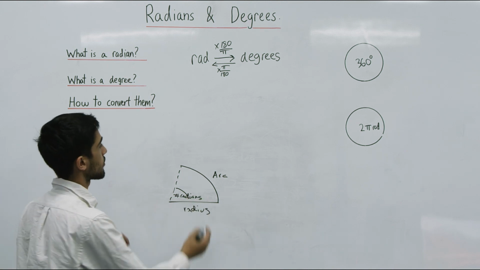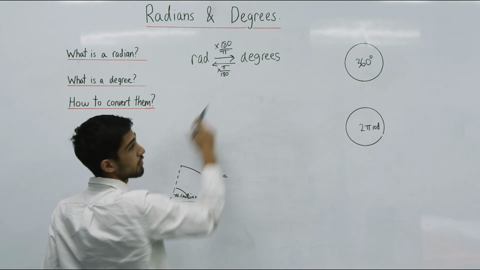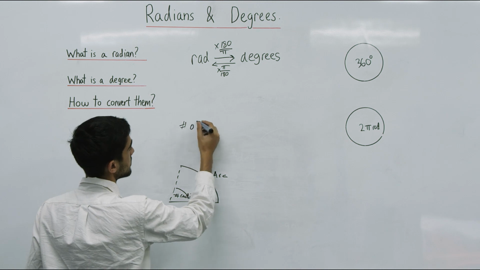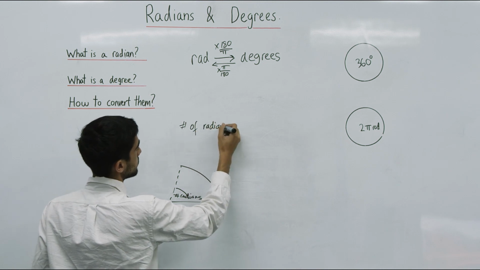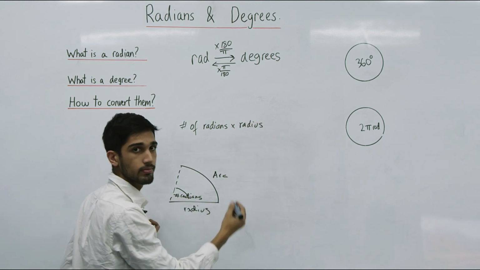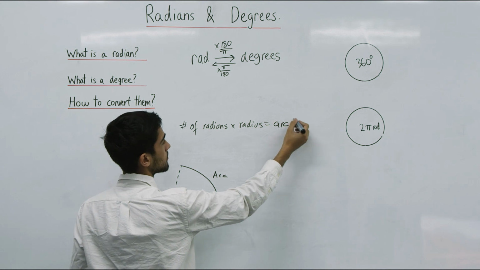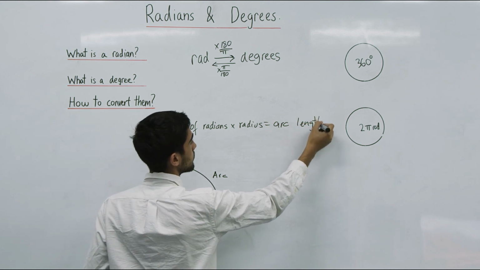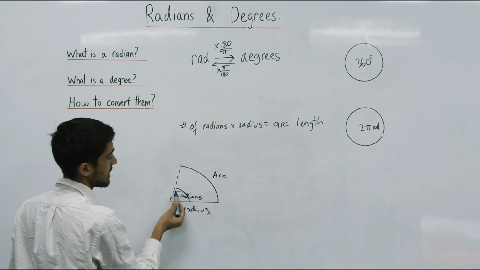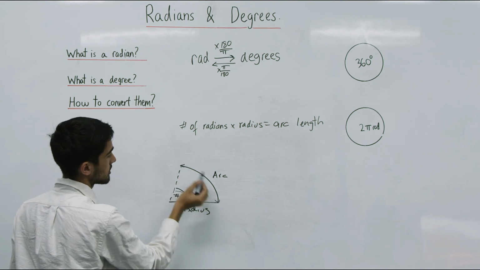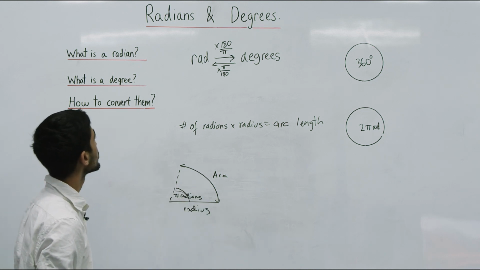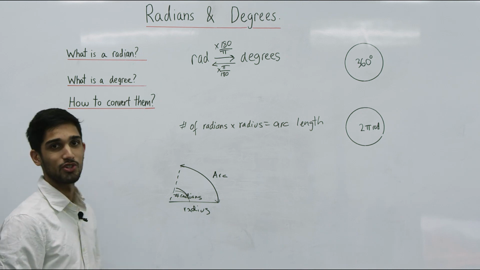And the 3 equations we now get is this conversion here, and the final one is the number of radians in a circle multiplied by the radius of that circle is equal to the arc length around that angle. So the radius times the number of radians gives you the distance of that arc in any one circle. Okay, so that should summarize radians and degrees. I hope you enjoyed the lesson.